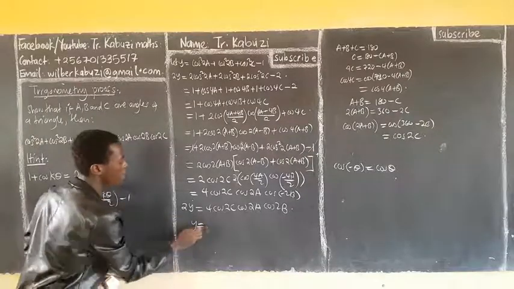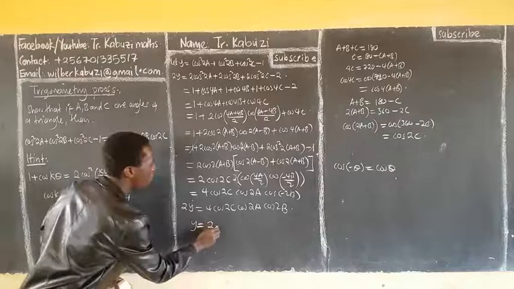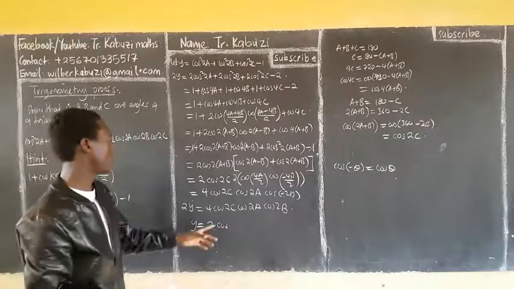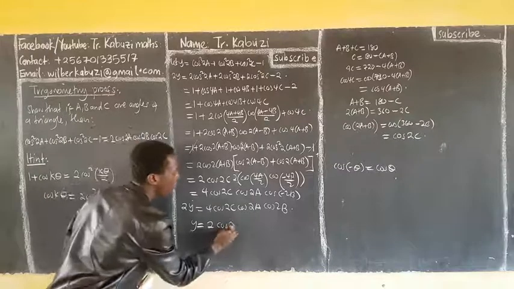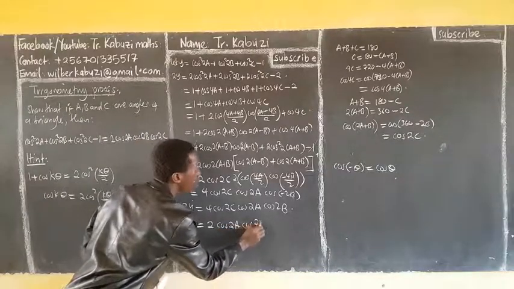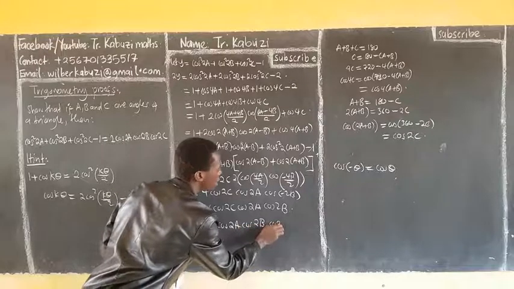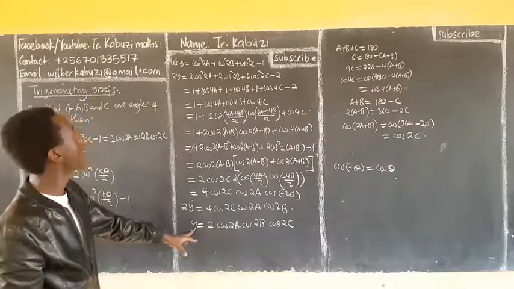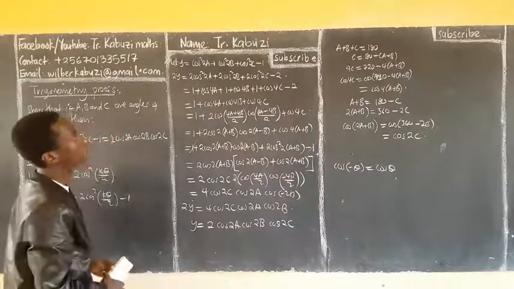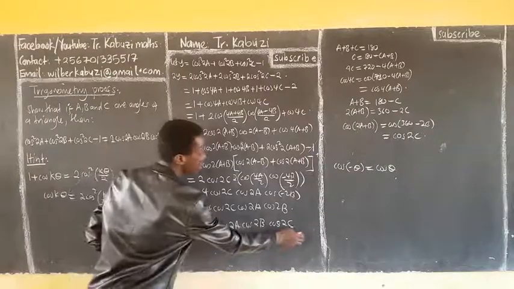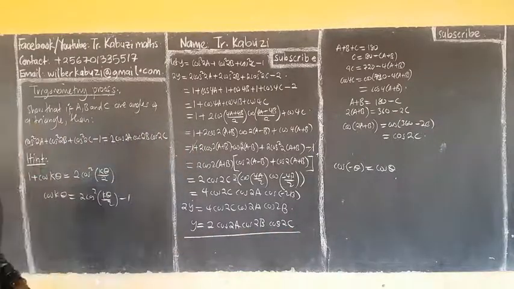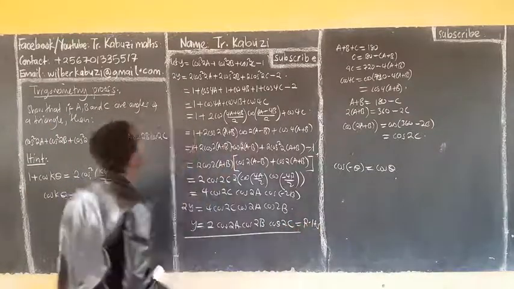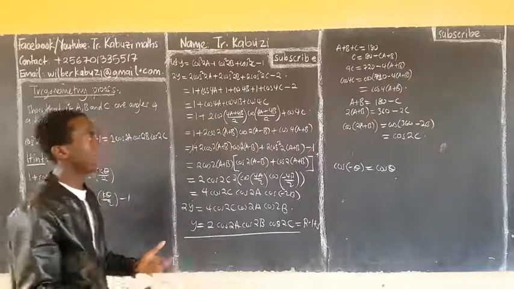You see that when I divide through by 2, I rearrange cos 2A, then cos 2B, then cos 2C, and the whole of this is y. And you see it is giving us that. And the proof is done, so that this one is equal to the right hand side.